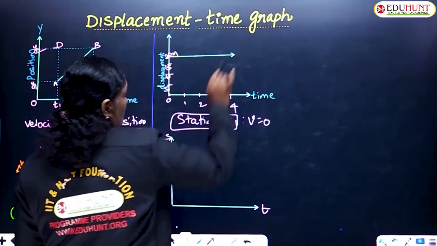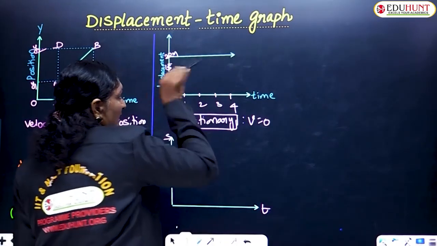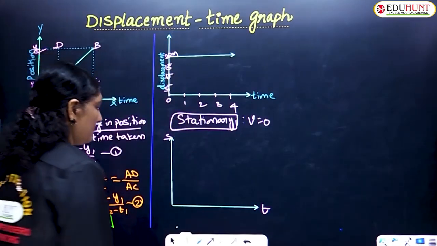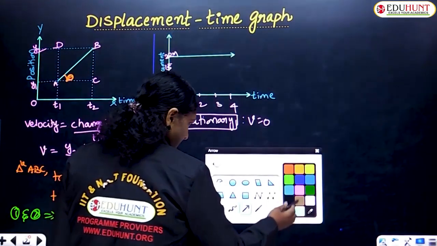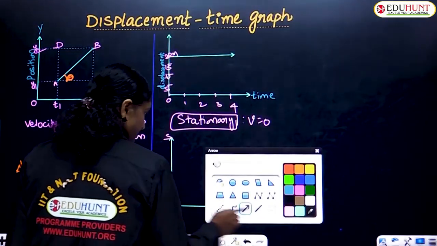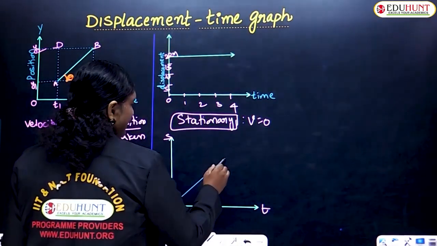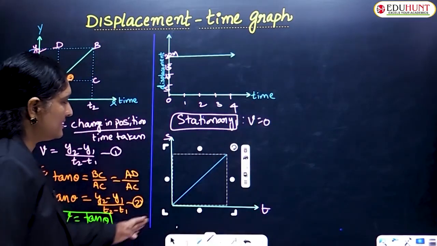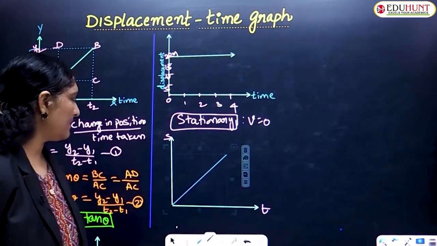Now I would like to plot a graph which must be a straight line but not parallel to the time axis. So it might be something like this. It is a straight line but not parallel to the time axis.